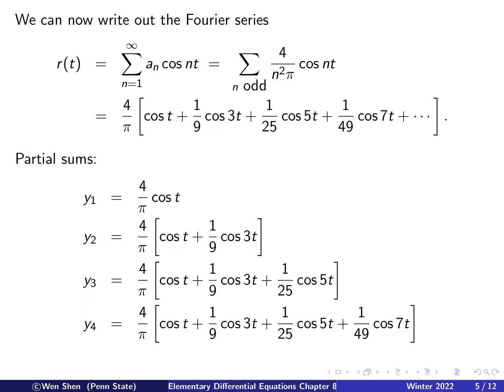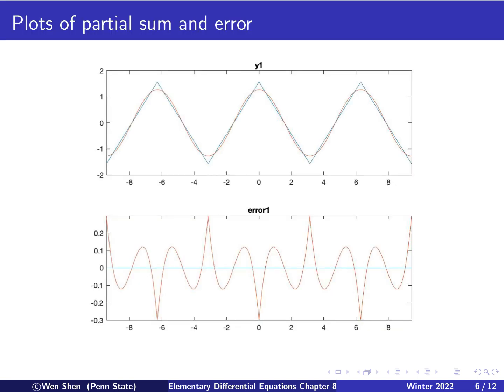And then y3 is taking 3 terms, as we see here. And then y4 will be taking 4 terms, which we write out here. Or you can easily add more terms and observe more partial sums. So next we are going to plot these partial sums against the function r(t) and see how it behaves.